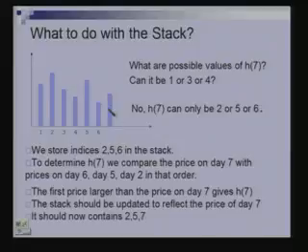But once I know h of 7, I should update my stack. Earlier it contained the indices 2, 5 and 6. What should it contain now? 2, 5 and 7. Is that clear? Because for 8 now, h of 8 can never be 6. So, I should get rid of the 6 and replace it by 7.